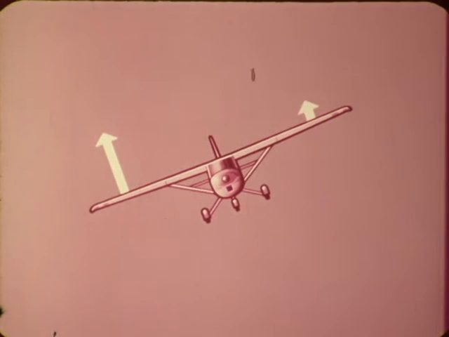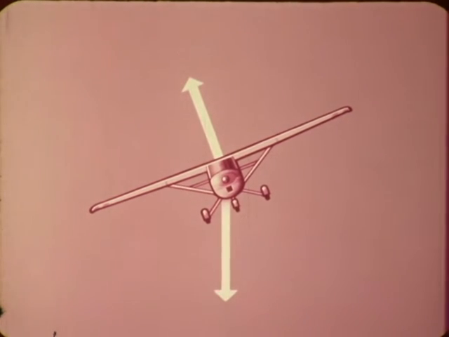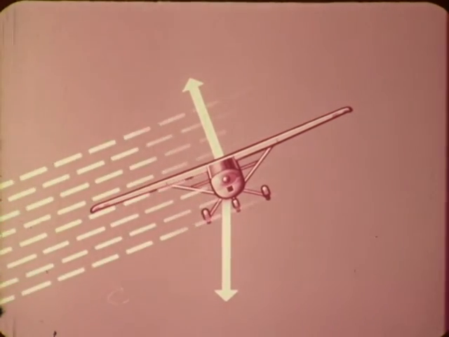This will stop the roll, but will not level the wings. At this angle, total lift, at right angles to the wing, is acting slightly in the direction of the roll, while weight acts downward through the center of gravity. The airplane therefore moves in a side slip in the direction of the roll.